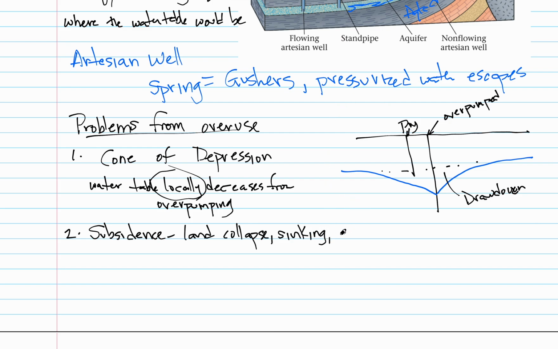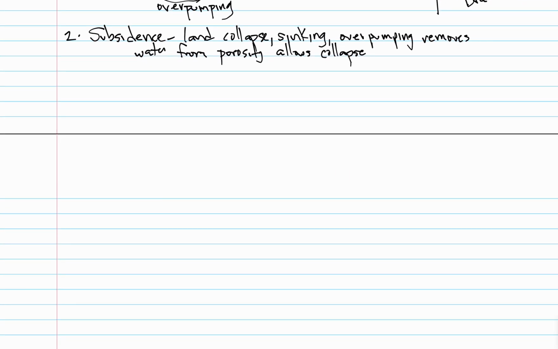So we could say overpumping removes water from porosity, and by removing it, the grains are all able to collapse together. So that allows collapse, and it's collapse at the sand grain scale. But if you collapse enough sand grains, you'll collapse the whole landscape.